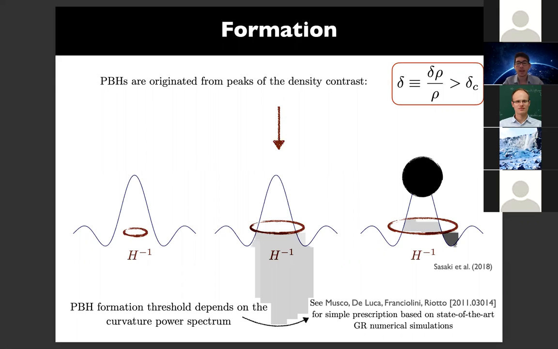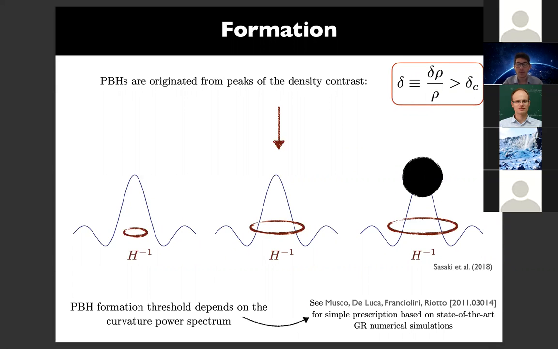And then primordial black holes can form when this perturbation at horizon crossing is larger than this threshold. Of course, this threshold will depend on the curvature power spectrum from which the perturbations are originated. And there are several important GR numerical simulations which have tried to find this value.